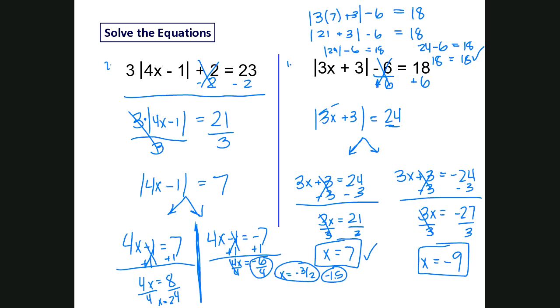Okay, so I just made it into two equations because when I'm solving absolute value equations, when I take the absolute value of 7, so let's say inside here, what's the absolute value of 7? It's 7, right? Now tell me, what's the absolute value of -7?